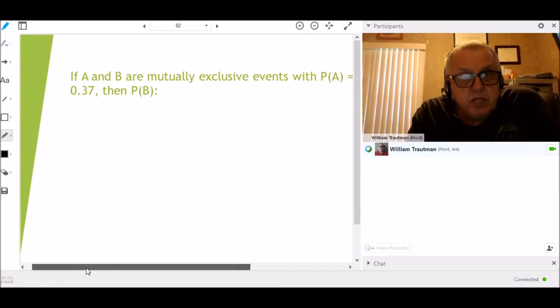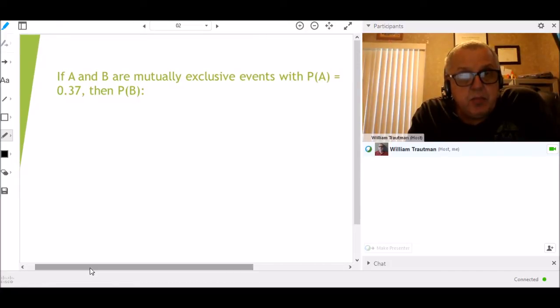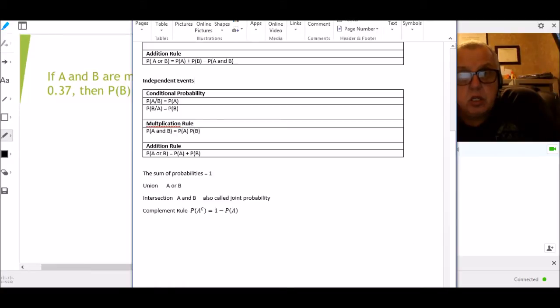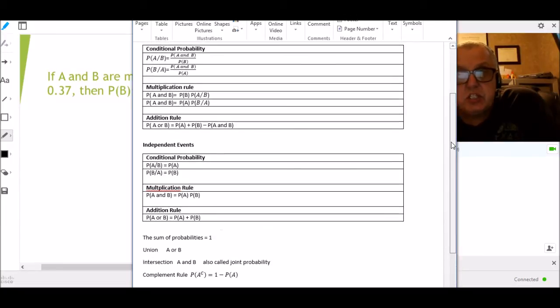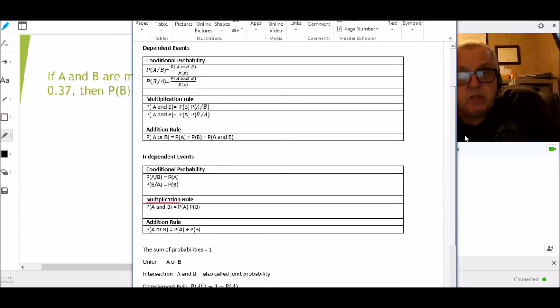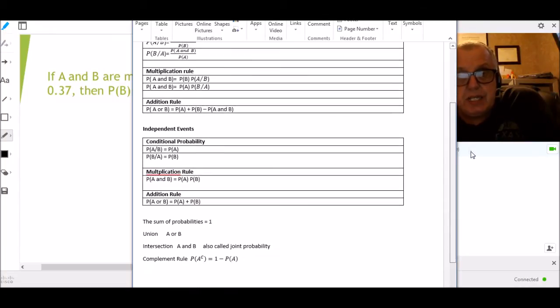Next problem. If A and B are mutually exclusive events, with the probability of A equals 0.37, then what does the probability of B equal? Well, on the formula sheet, you might want to look for something that says mutually exclusive.